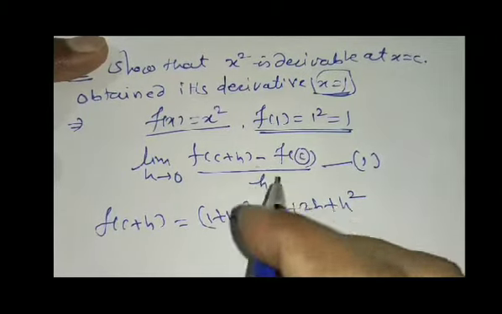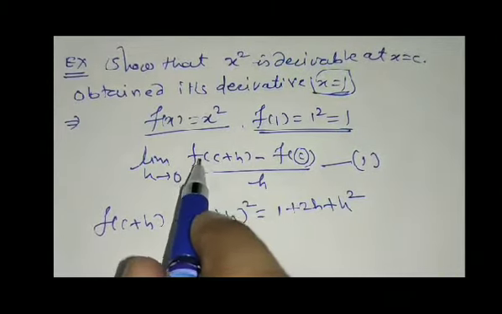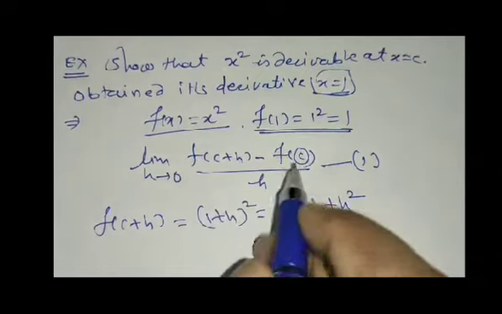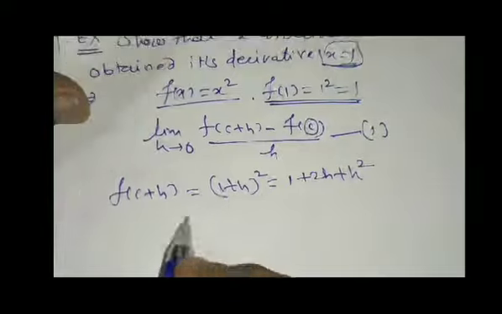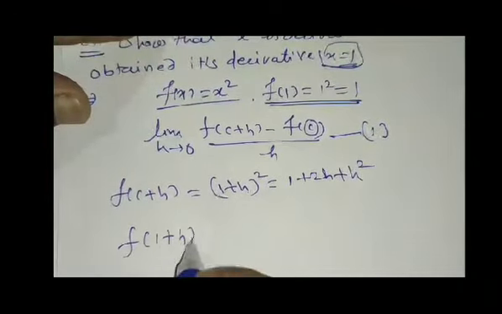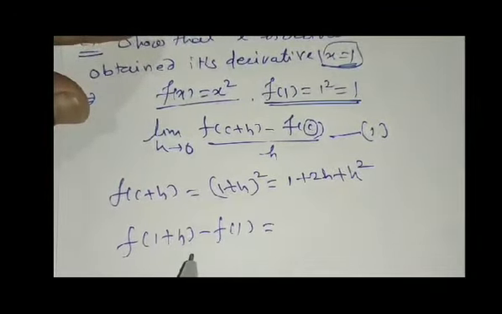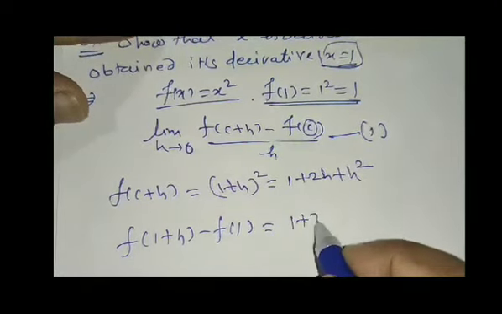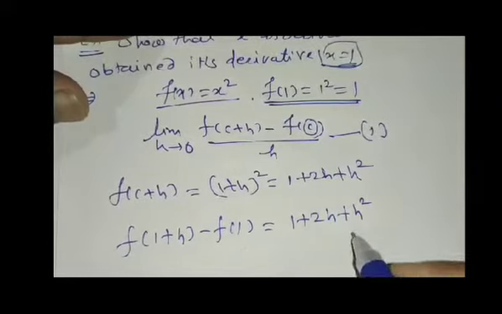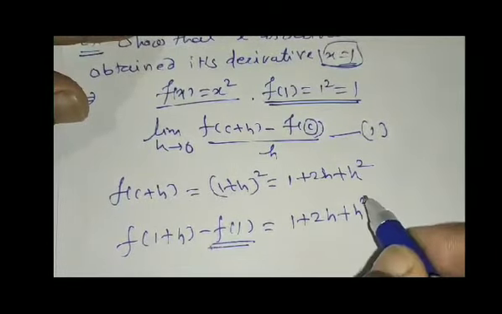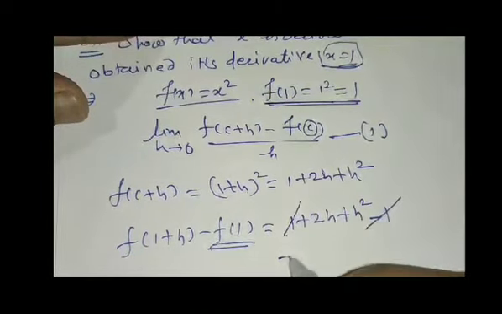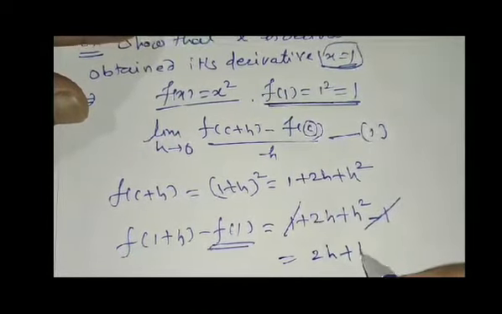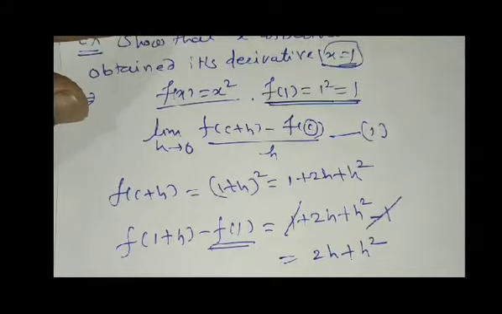In this case we want f of 1 plus h minus f of 1. So f of 1 plus h is 1 plus 2h plus h square, minus f of 1, which is 1. Minus 1 plus 1 cancel, so we get 2h plus h square.